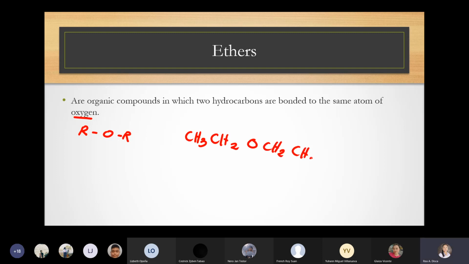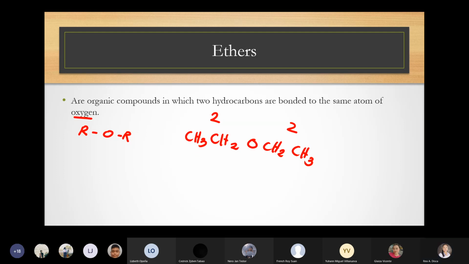How many carbons do you see here on the right side? Two, ma'am. Tama? Okay. How about on the left side? Two also, ma'am. So meaning, we have two carbons here and two carbons here.